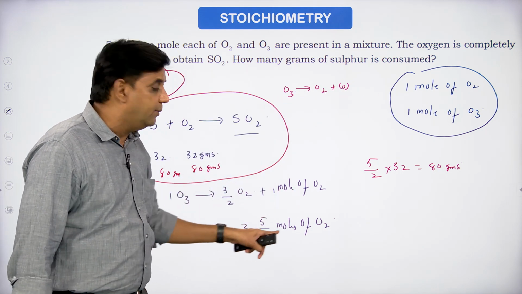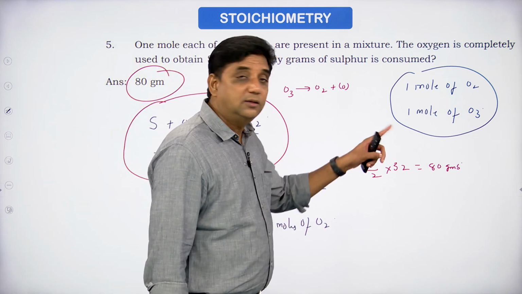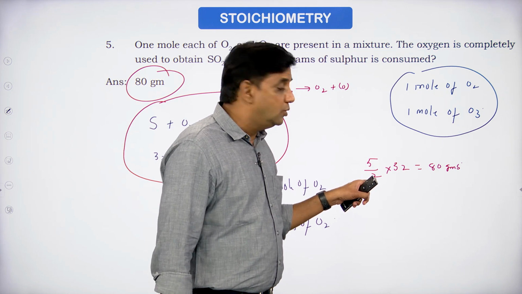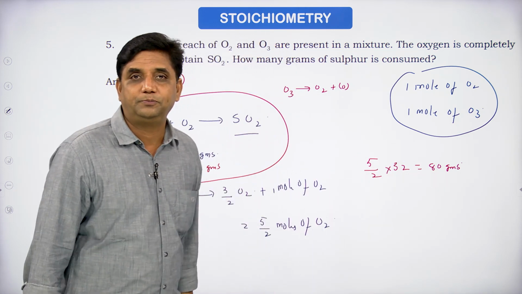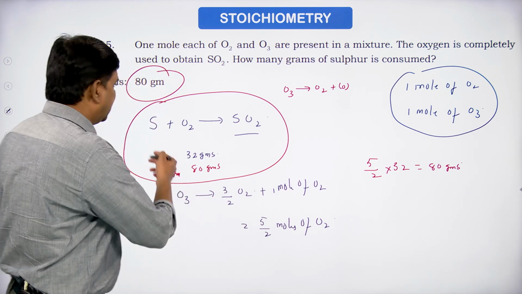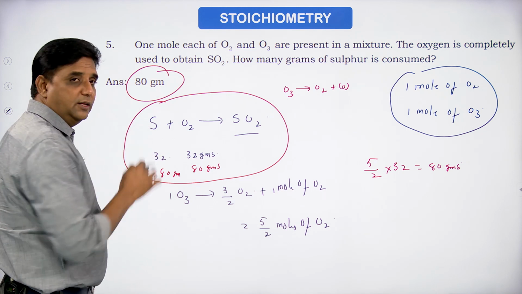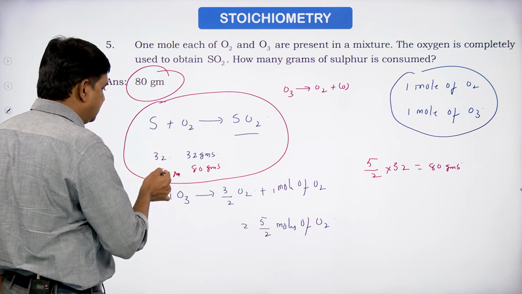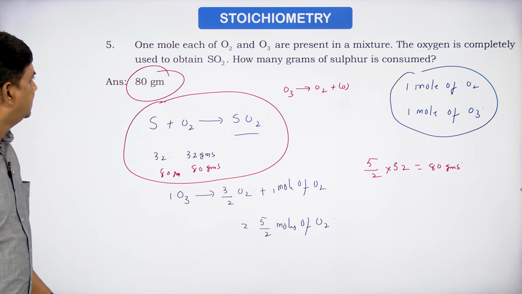Total is equal to 5/2 moles of oxygen. The mass of 1 mole of oxygen is 32 grams, therefore the mass of 5/2 moles of oxygen is 5/2 into 32, which is equal to 80 grams. Coming back to the stoichiometric equation, 32 grams of oxygen combines with 32 grams of sulfur, so 80 grams will combine with 80 grams.